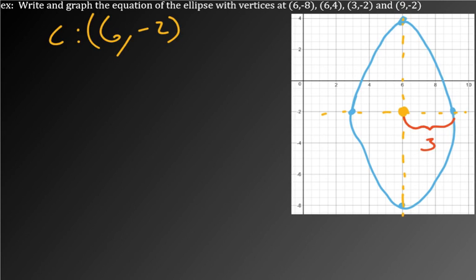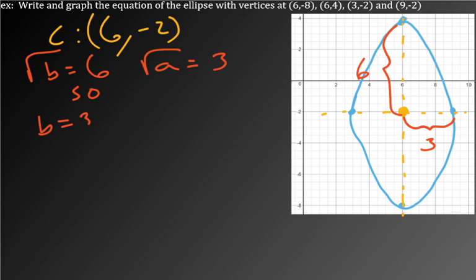And then the vertical one is, what is that? We're going from -2 up to 4. So that's 6. And so the square root of B is 6, and the square root of A is 3. So B is 36, and A is 9.